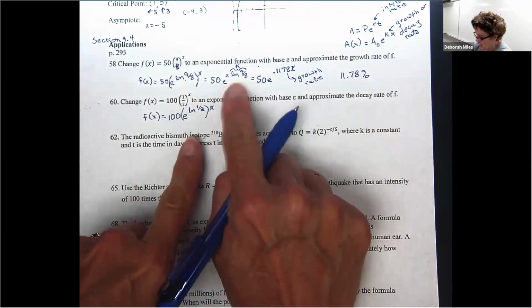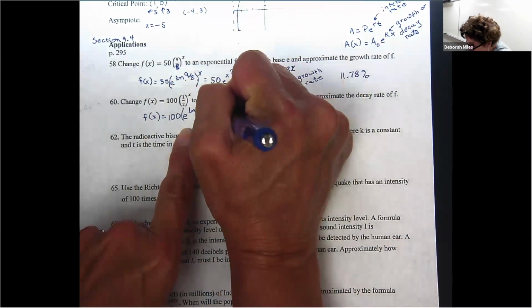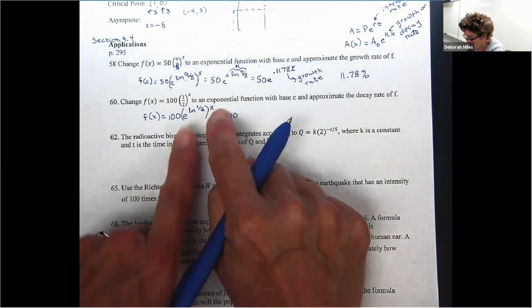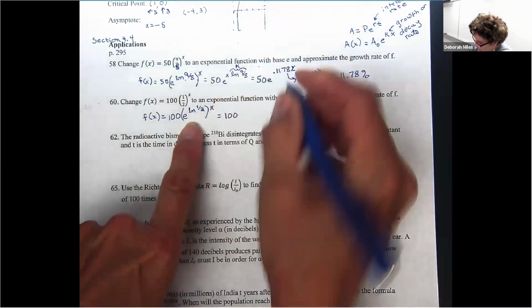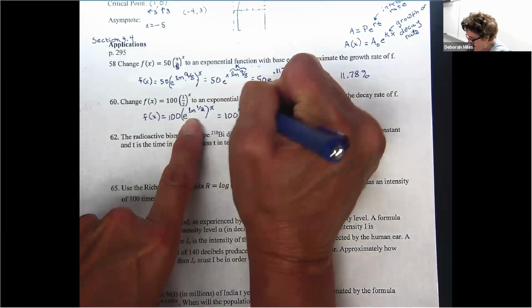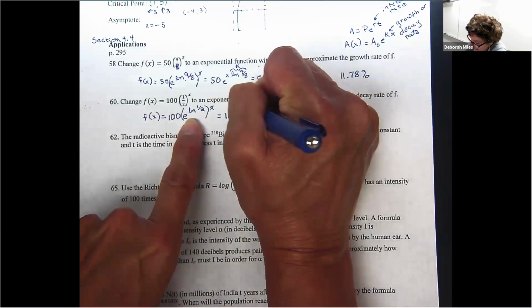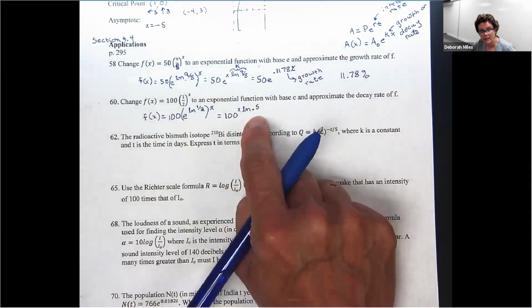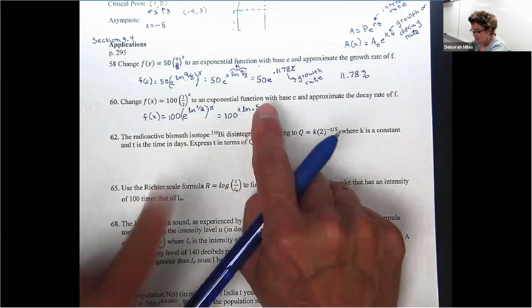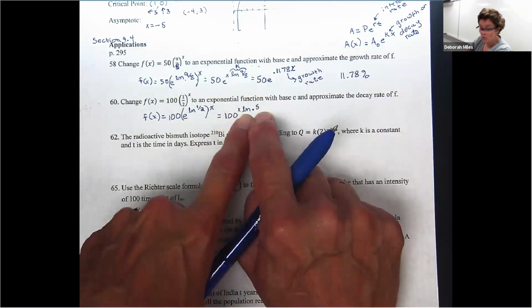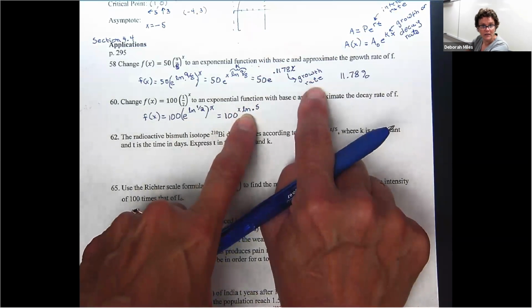And then as we did here, we could say when you raise a power to a power, you multiply them. So this exponent becomes x times the natural log of 1/2. I'm going to write it as x times the natural log of 0.5, just because that's easier to punch on the calculator. And if I get a decimal approximation of natural log of 0.5, that'll be my growth rate.